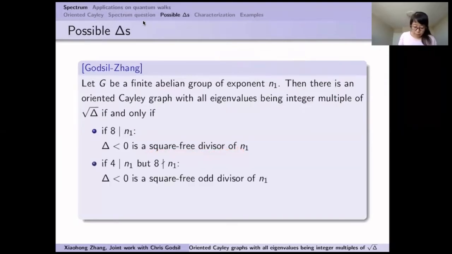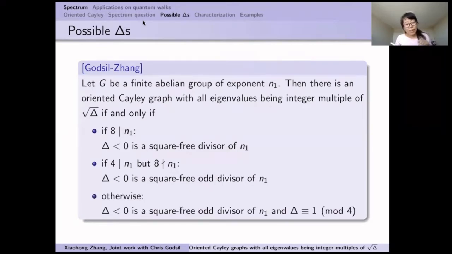If N1 is a multiple of 4 but not 8, we take the square-free divisors, but we can only take the odd ones. 2 is a divisor, and some divisors multiplied by 2 are also divisors, but they don't work. For other cases, where N1 is an odd number, or 2 multiplied by an odd number, we still can only take odd divisors, but not all of them. We can only take the ones congruent to 1 modulo 4.